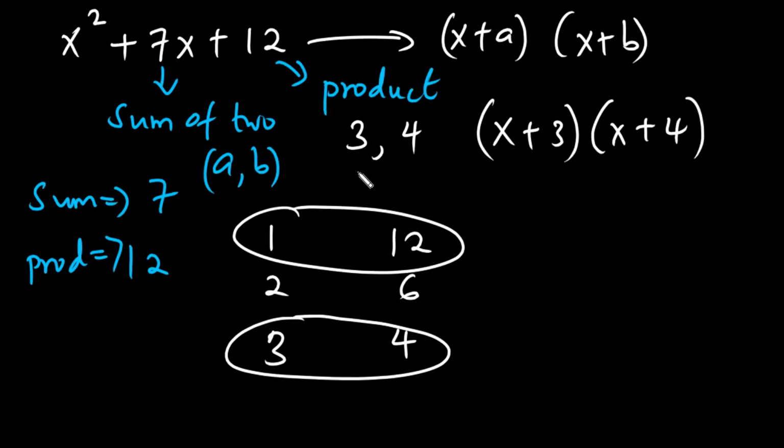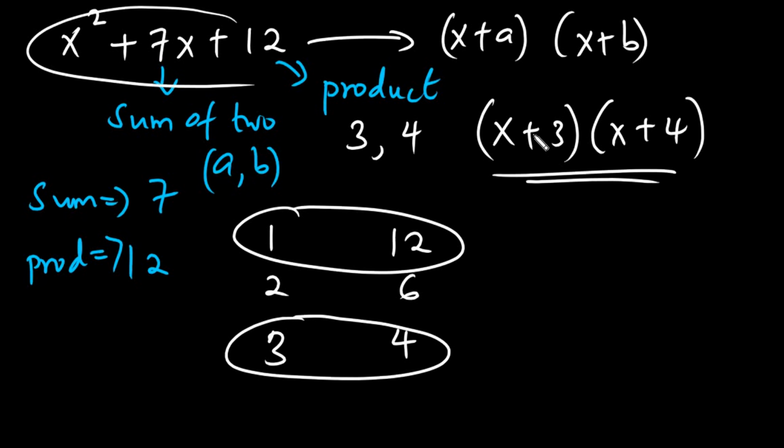Okay, and that way we have factored that expression. So if you want to see whether it's correct, you just need to expand it, or to multiply these two, to open these brackets, and you see that you're going to get this expression as your answer.